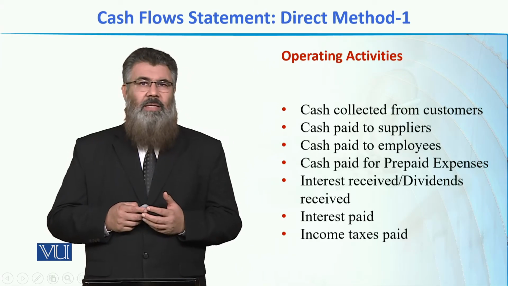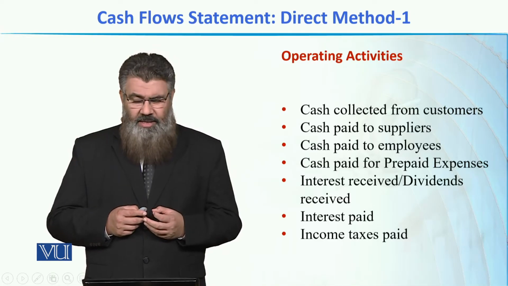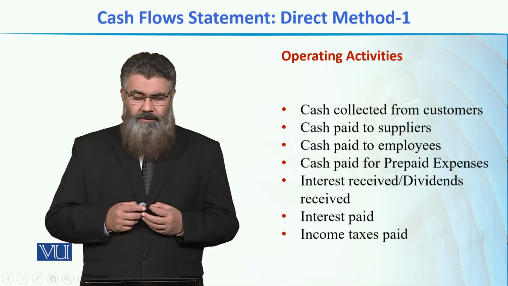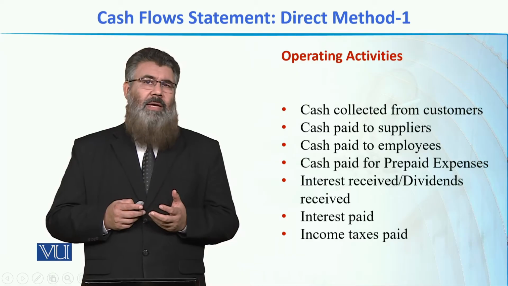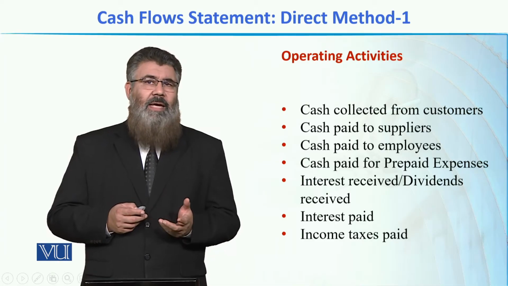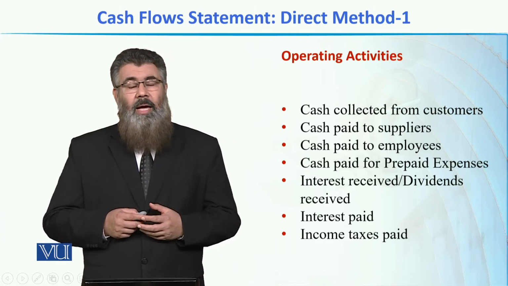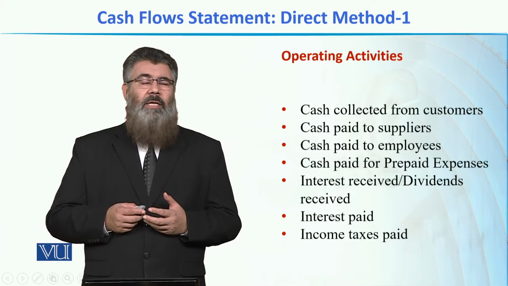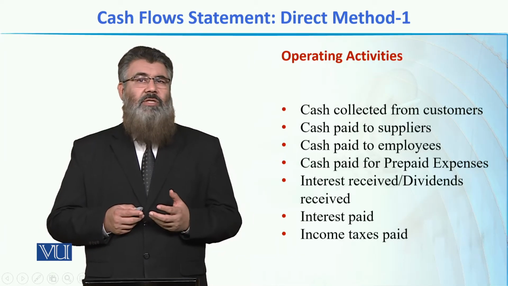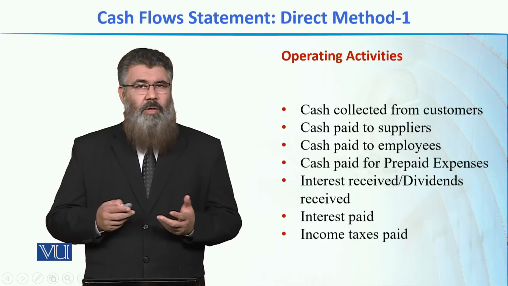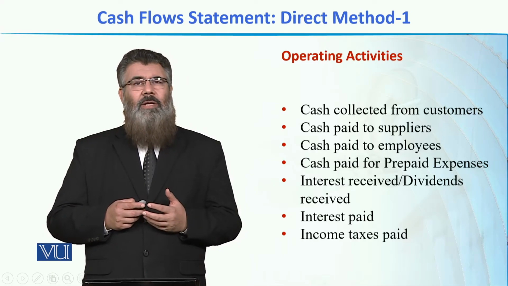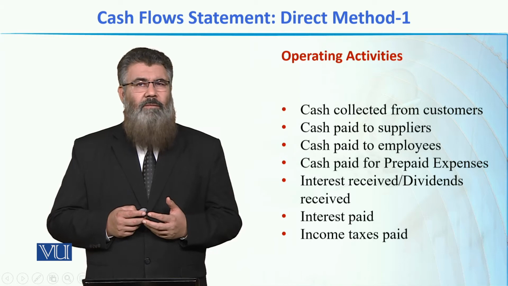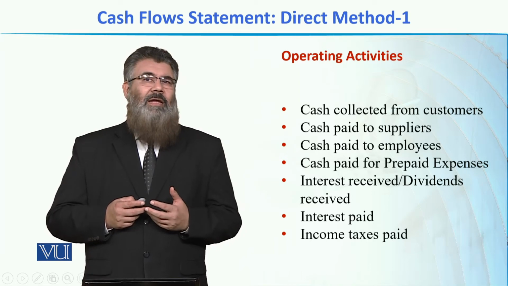The second one is the amount that we take in operating activities that is related to the cash paid to the suppliers, जिनसे हमने चीजें खरीदी हैं, product खरीदी है. And then we talk about the cash paid to employees, यानी salaries or wages जो एक business अपने employees को pay करता है. And then we calculate the cash which is paid for expenses in advance.